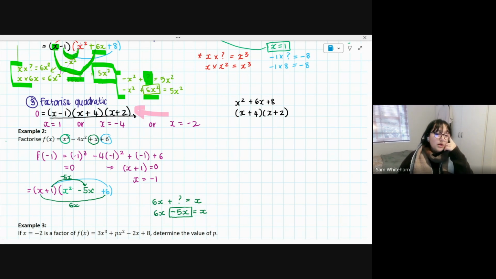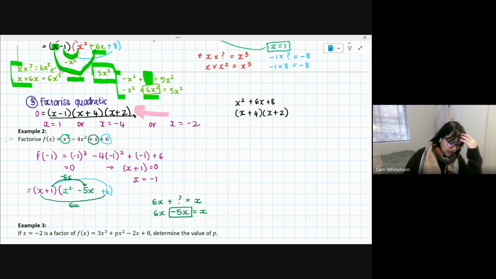Again, you are more than welcome to use the x squared terms. That's the one I'm going to use from now on because this just takes too much brain power. But you're welcome to. You're going to get exactly the same middle term. And now that we've got all of that, we can factorize our quadratic.